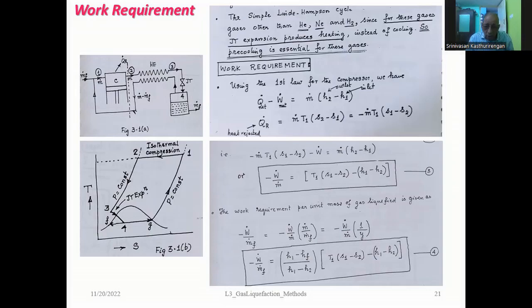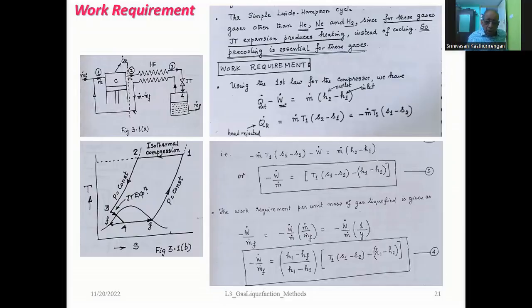But if you want to calculate the work requirement for unit mass of gas which is liquefied, then you can rewrite it slightly differently. So you can write minus W dot by mf dot is equal to minus W dot by m dot into m dot by mf dot, or in other words, minus W dot by m dot into 1 by Y. So you can write this expression as minus W dot by mf dot is equal to (H1 minus HF) by (H1 minus H2) into [T1 into (S1 minus S2) minus (H1 minus H2)].